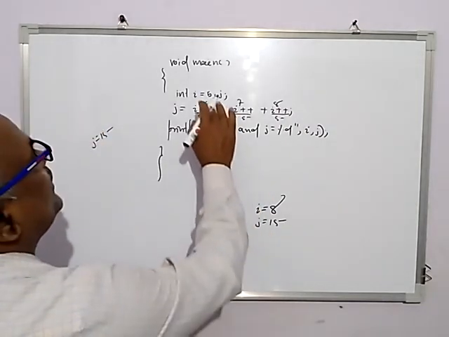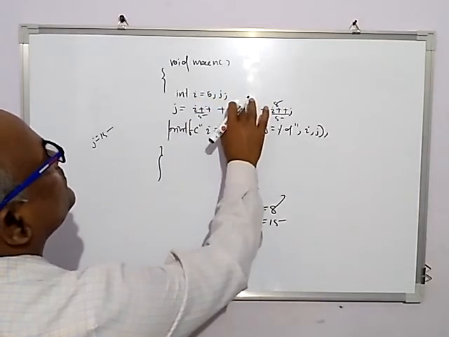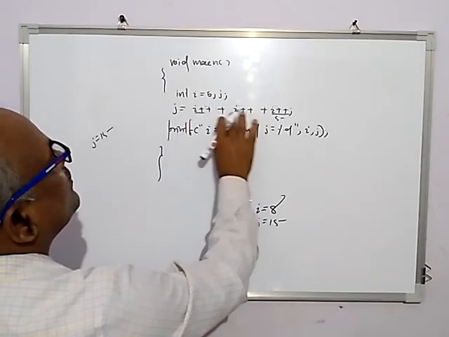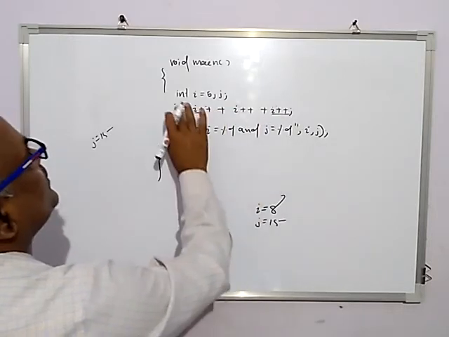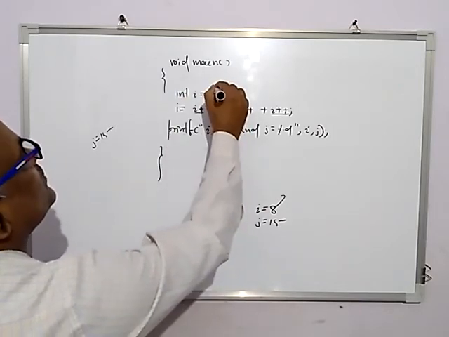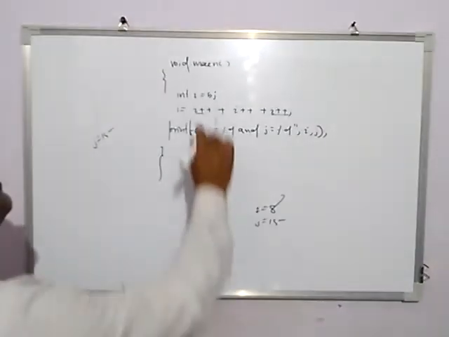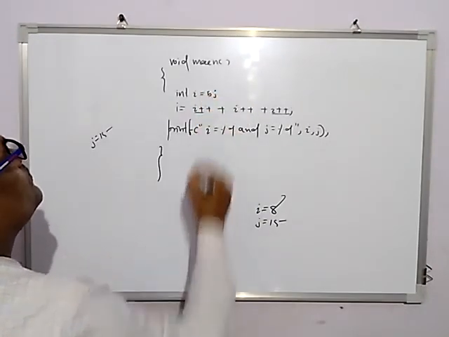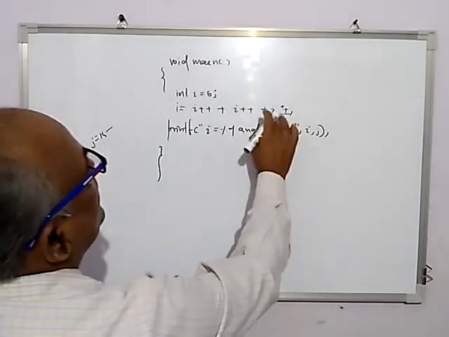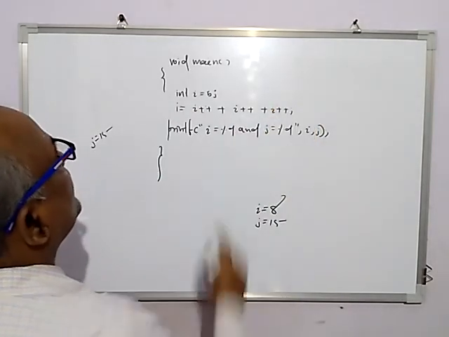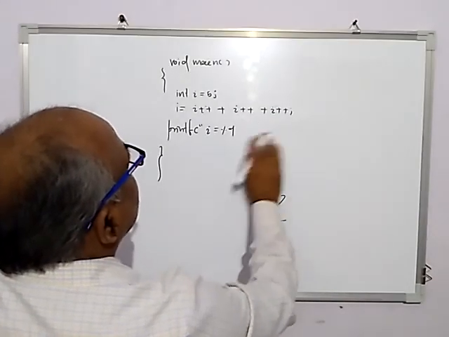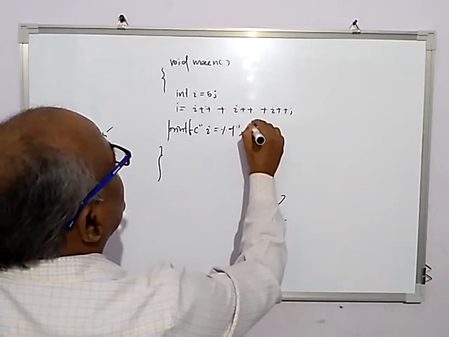Suppose we write the program like this. Here, instead of j, I write i. Suppose i equal to 5. This is a variable, and i equal to i++ + i++ + i++. If you write the expression like this, what will be the value of i in printf("%d", i)?